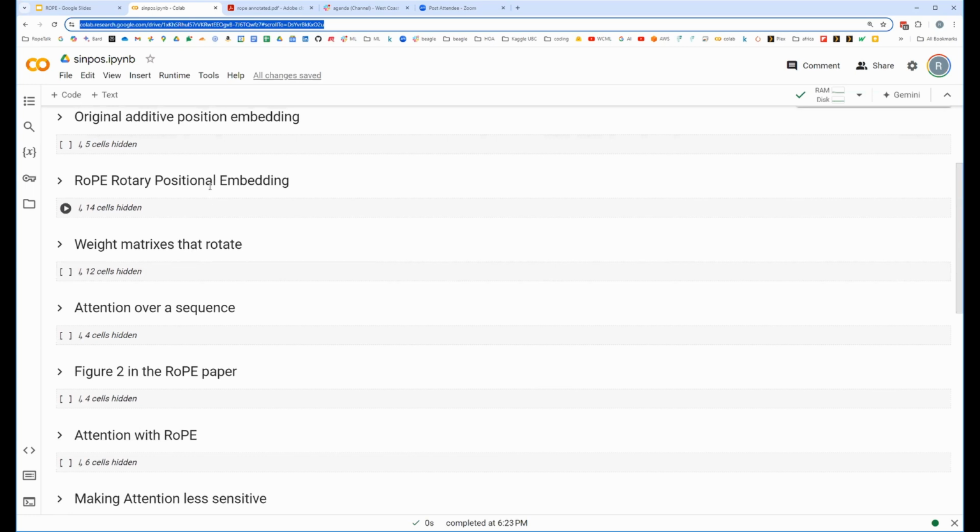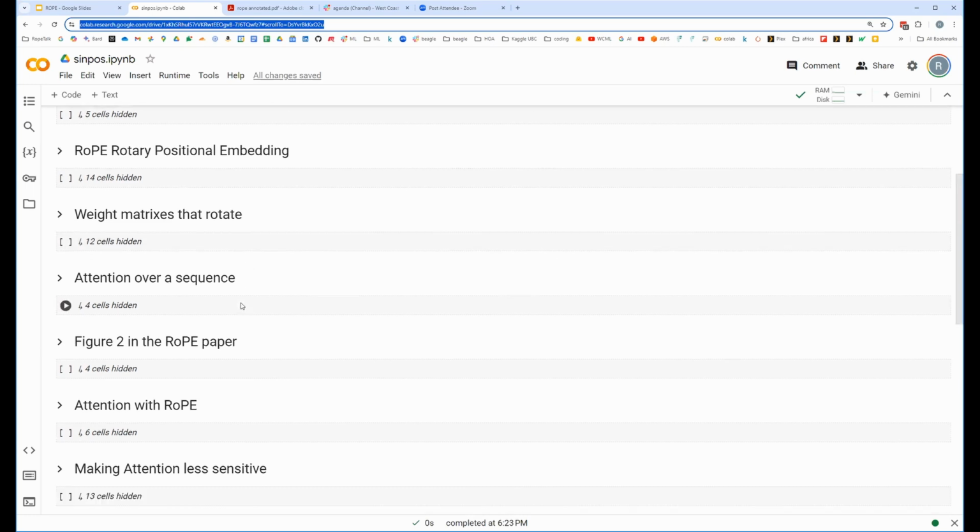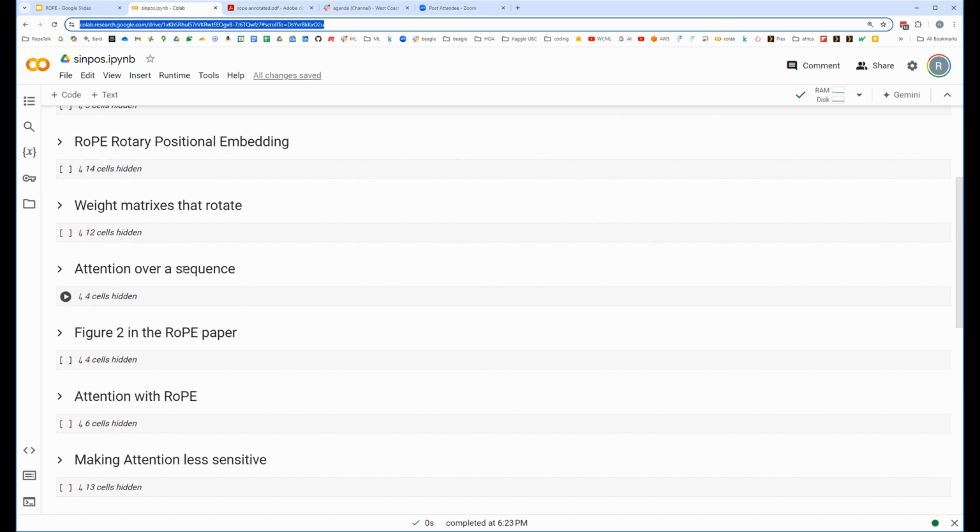Then look at how the weight matrices can do rotation of the query vectors, and the key vectors as well, but primarily the query. I want to look at what attention looks like with RoPE over a sequence of tokens that have had the rotary position embedding, quote unquote, added to them.